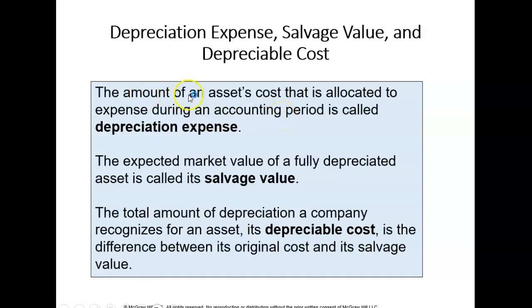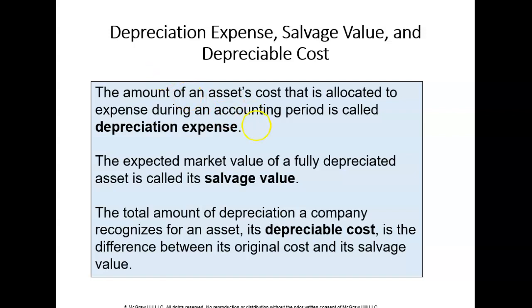Again, it's the amount of an asset's cost that's allocated to an expense during an accounting period. Notice it does not say it is a decline in value. From the accounting perspective, depreciation is the process of allocating the cost of a long-term asset into an expense account.